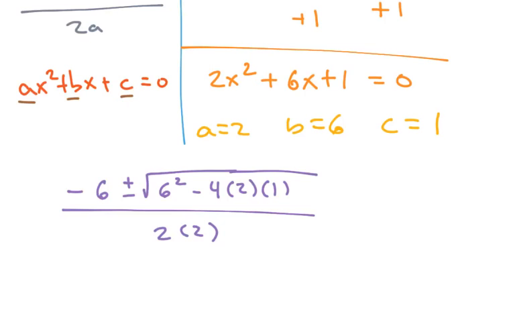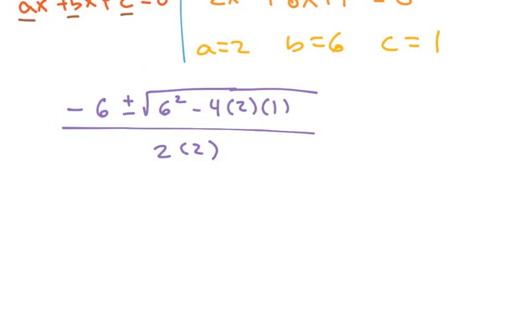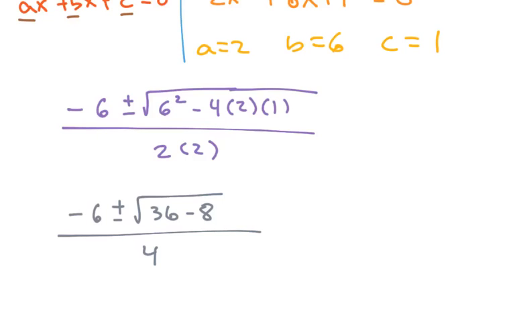So 2 times 2. So we clean this up. So this becomes negative 6 plus or minus square root 36 minus 8 all over 4.